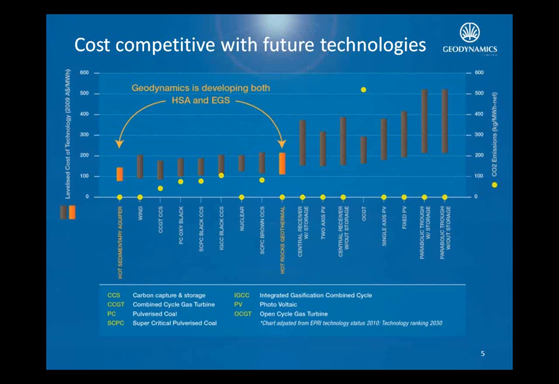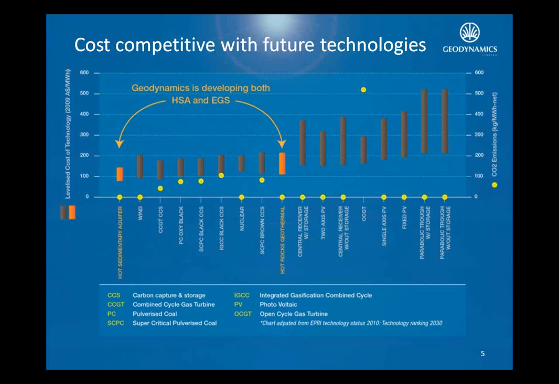You can see in this graph here, which wasn't prepared by Geodynamics, it was prepared by a group called EPRI, who were commissioned by ABARE to investigate and try to assess the future cost competitiveness of different technologies. The yellow blobs indicate the emissions intensity, and the orange and grey bars indicate cost ranges for these technologies into the future.